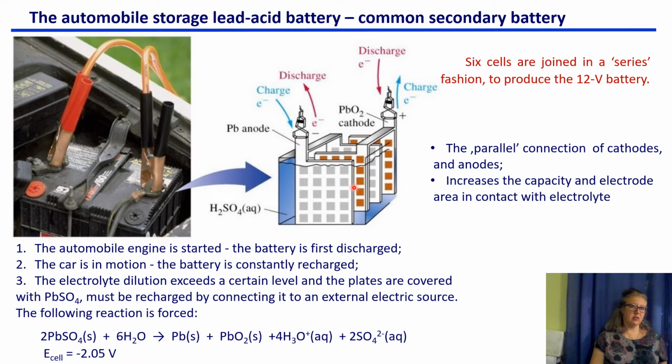The parallel connection increases the electrode area in contact with the electrolyte solution and increases the delivered capacity of the cells. In reality, 6 cells are then joined in a series fashion, plus to minus, to produce a 12-volt battery.